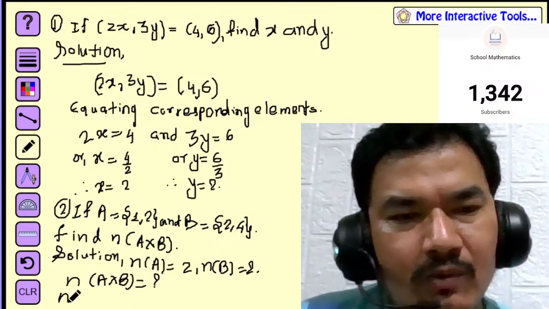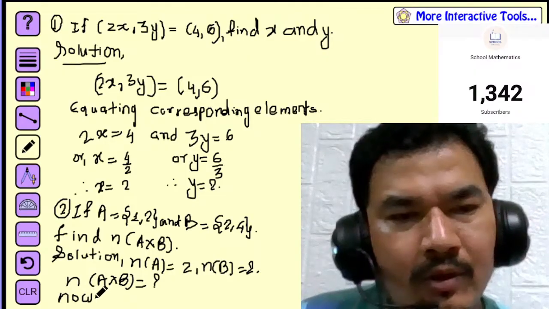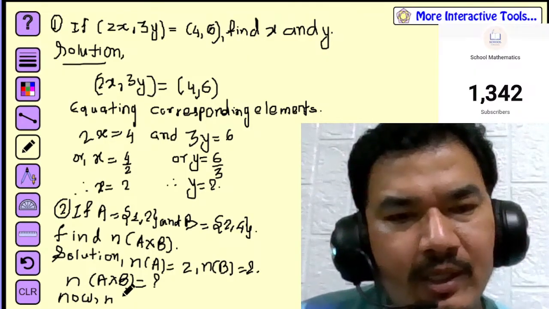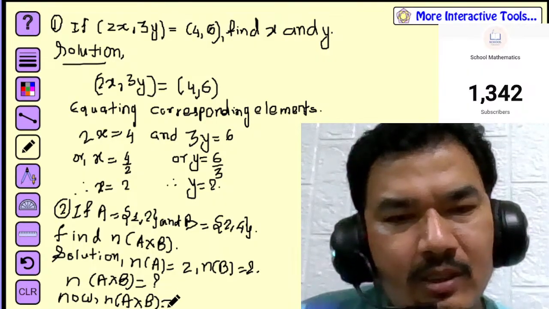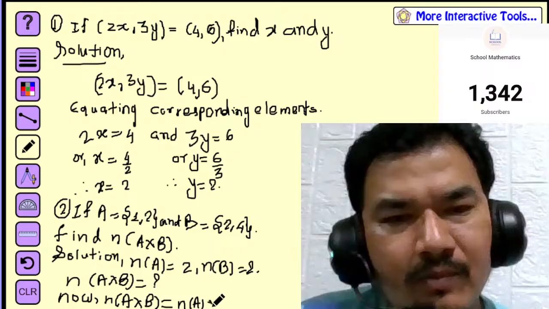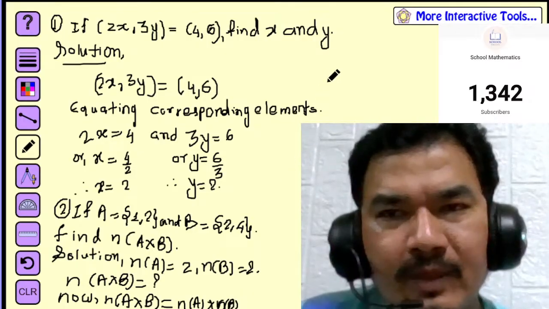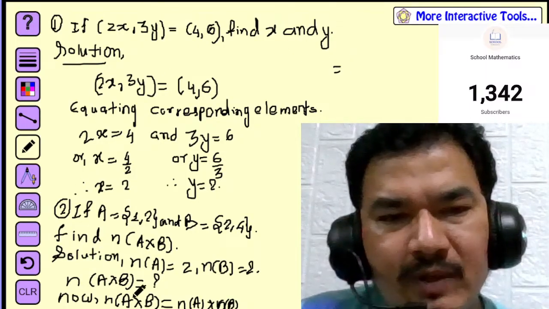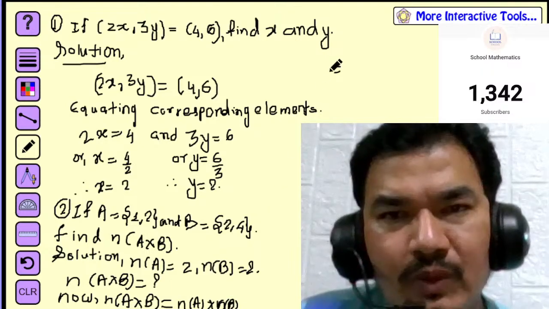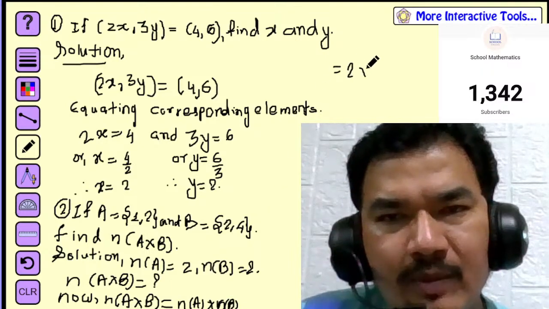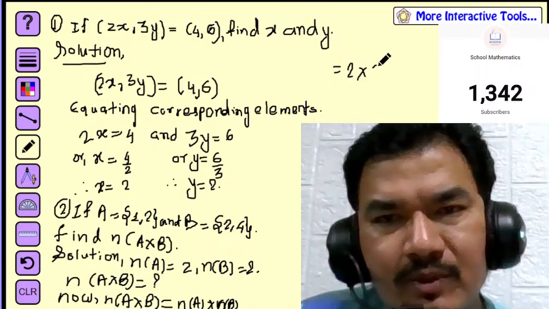As we know, the formula for the cardinal number of A cross B is the cardinal number of A into the cardinal number of B. Then when we solve this, n of A is 2 and multiply by n of B, which is also 2.